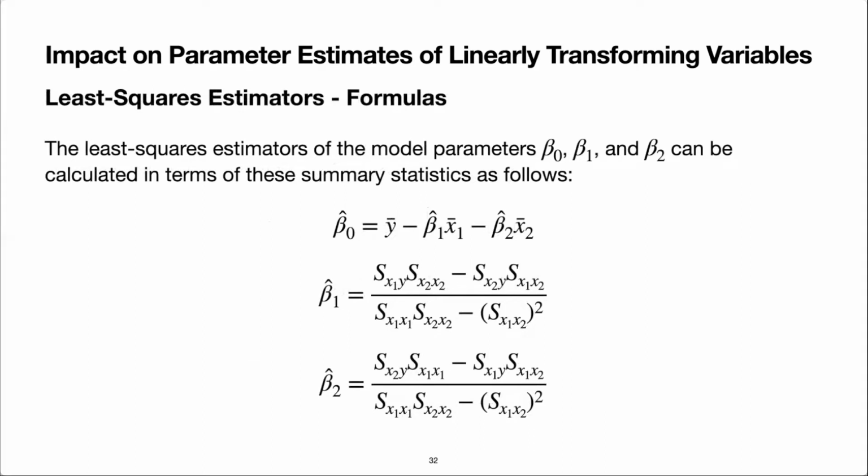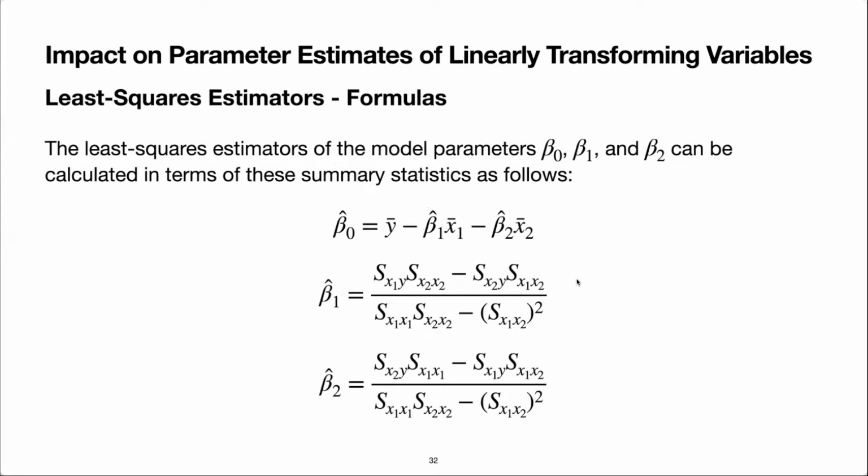All right, then once we have those summary statistics, the least squares estimators of the model parameters beta 0, beta 1, and beta 2 can be calculated using those summary statistics as follows. Using this kind of calculation technique, we would calculate beta 1 hat and beta 2 hat first. And then once we have those, we would plug those into the first formula here to get the least squares estimator of beta 0.